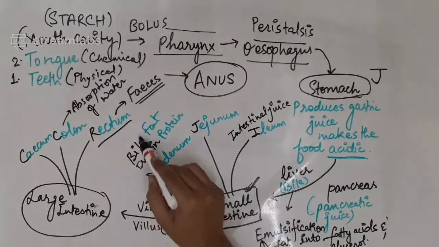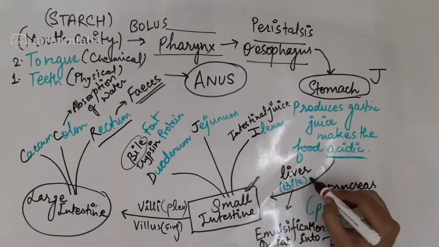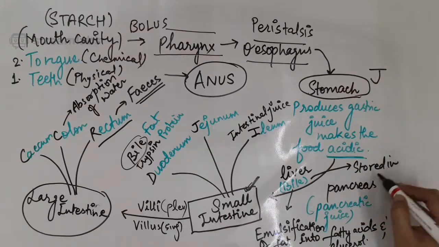Emulsification of fat is done with the help of bile juice produced by the liver, and this bile is stored in the organ called the gallbladder.